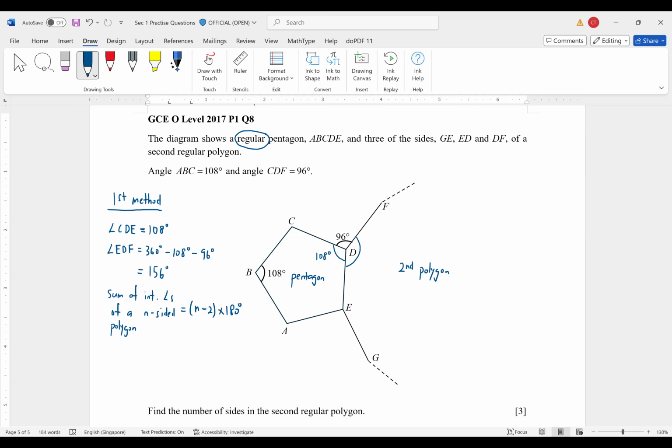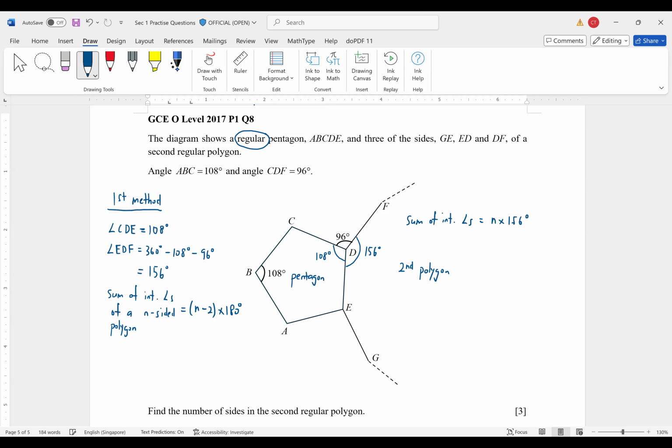We also know that if this is an n-sided polygon, it also has n interior angles, and each interior angle is 156. So the sum of interior angles will be n times 156 degrees.